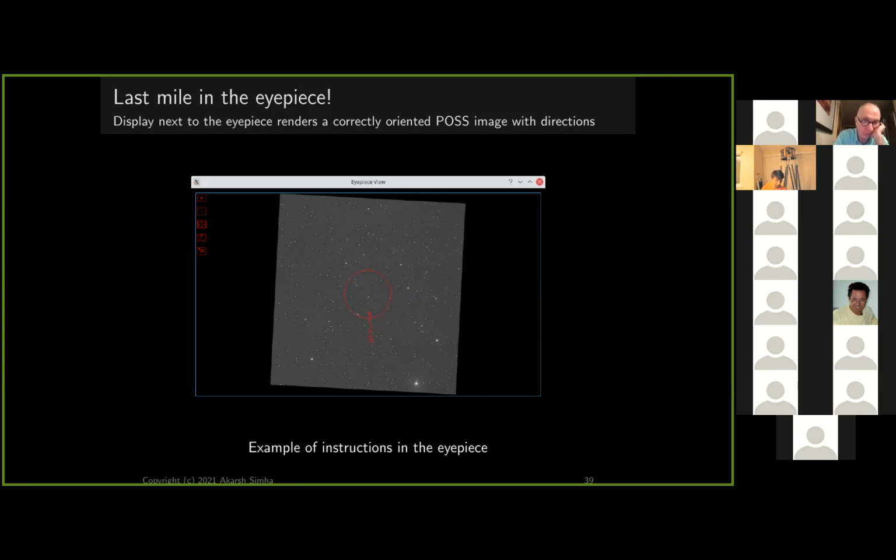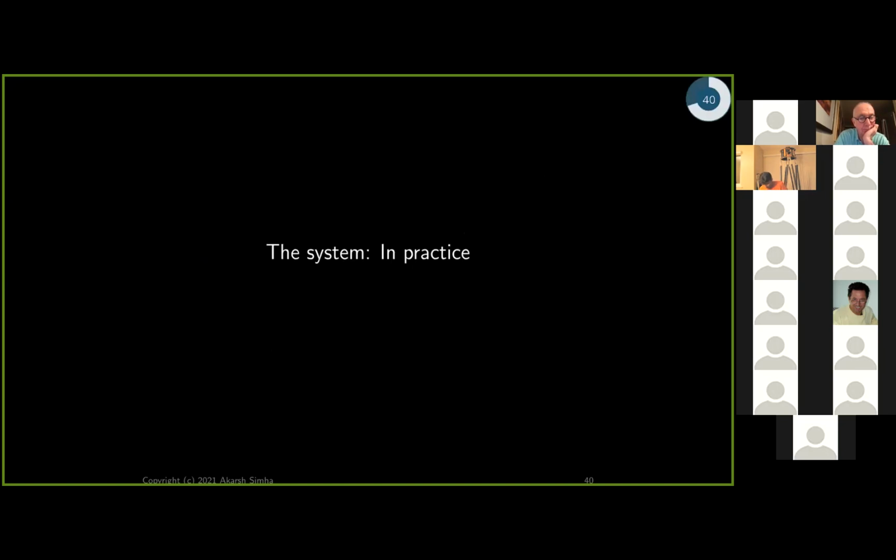And yeah, so the last mile is really straightforward, like this. And so that's the entire system. So it's plate solving to calibrate the IMU for fast feedback to get to the last mile, and the last mile is an eyepiece with a reference image guiding you in exactly which direction and where the object is, right?